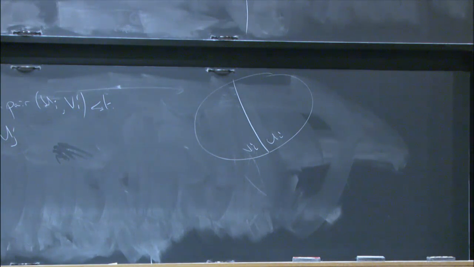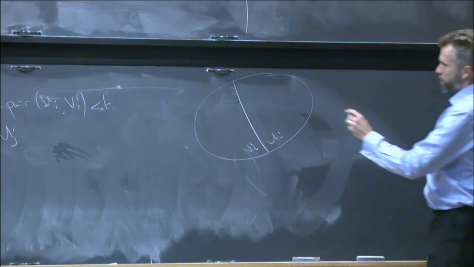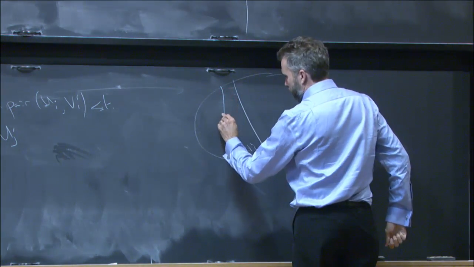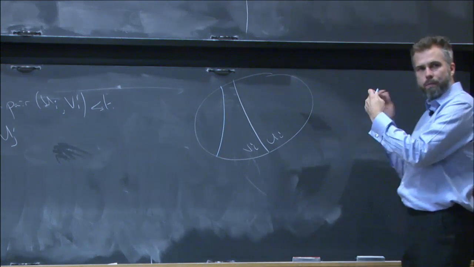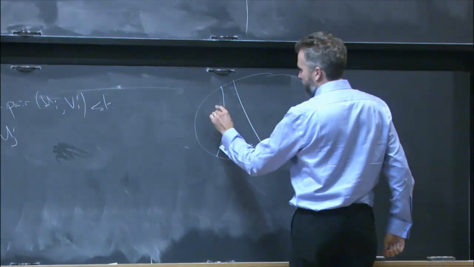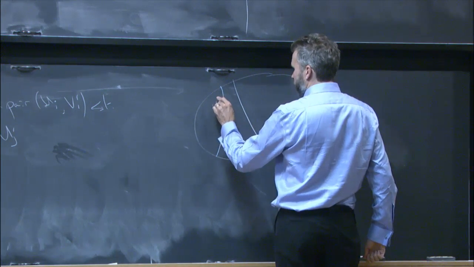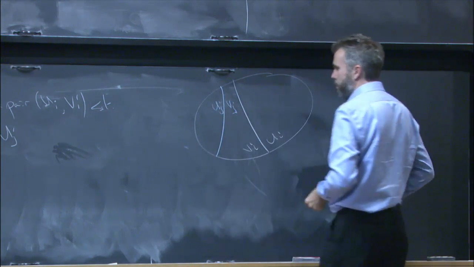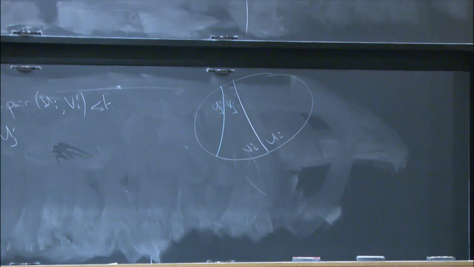If I choose a U_i, and there's some other element of my family over here, so that one of the half spaces determined by the other element completely contains U_i, say this is U_j and V_j, and V_j completely contains U_i, then I definitely have to choose V_j. If I chose U_i, I have to choose V_j.